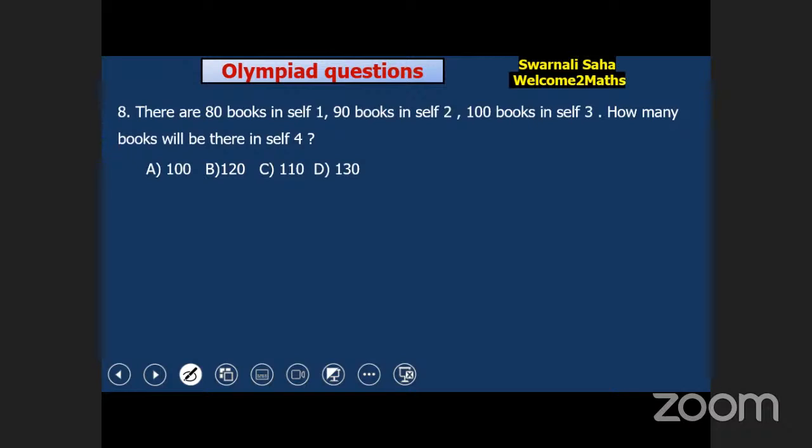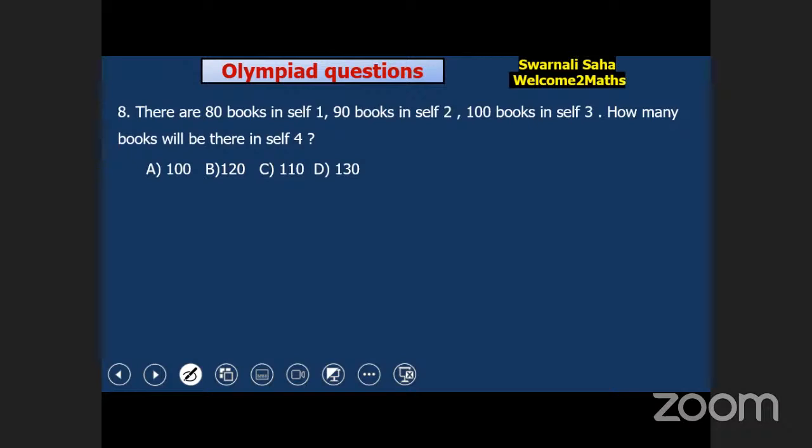There are 80 books in shelf 1, 90 books in shelf 2, and 100 books in shelf 3. How many books will be there in shelf 4? Can you find out? It's so easy. 80 books, 90 books, then 100.